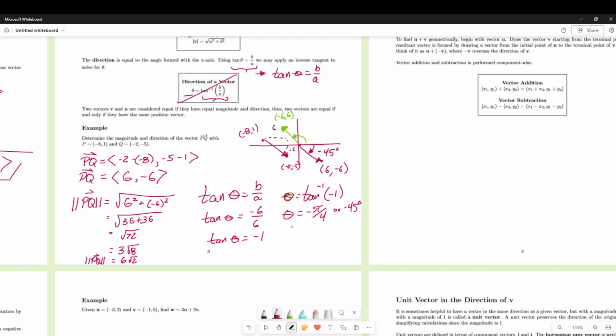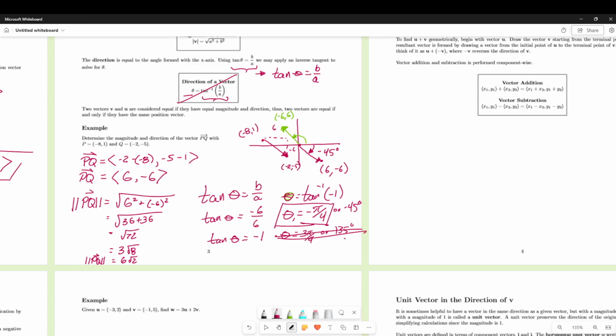But we have to know that it's also suggesting maybe the 3π/4 or the 135 degrees. And we have to go, no, I want the one pointed into quadrant 4, so we want this one. If we wanted the one going this way, we'd have to use the other one. So be careful about that.